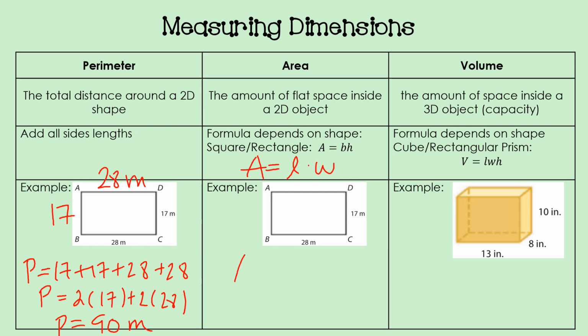So for that rectangle that's provided, we're going to do 28 times 17. And 28 times 17 is 476, and our unit is meters squared because it's area. Essentially what's happening is you're multiplying a meter times a meter, and if you remember our discussion from multiplying polynomials, you add the exponents, so a meter times a meter is a meter squared.